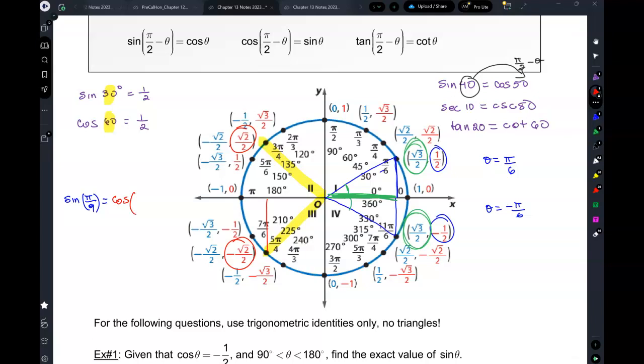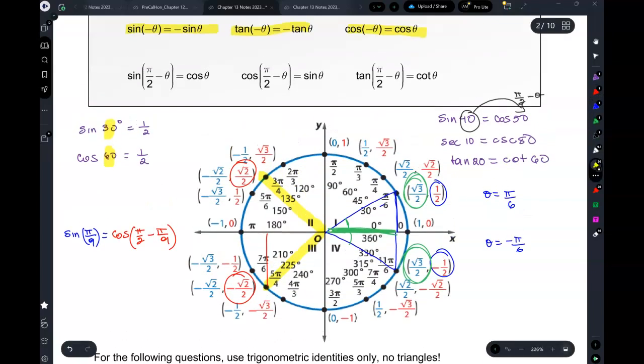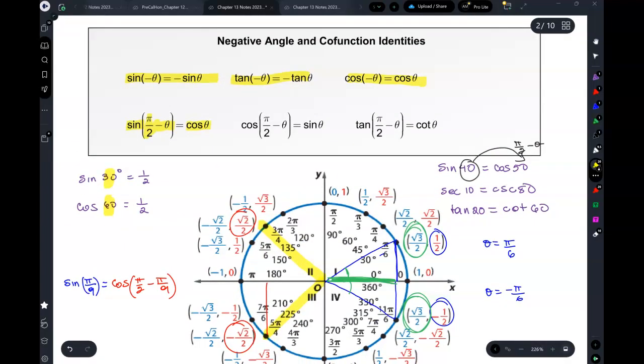That's 90 minus, right? What's 90? Pi over 2 minus. You see that? So those are the cofunction identities. Sine of pi over 2 minus the angle is cosine, right? Cofunction identities, all right? Cosine and sine are the same, okay?